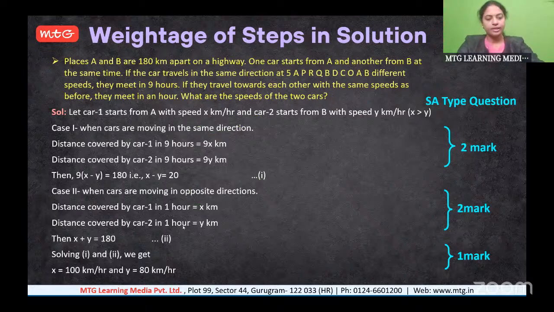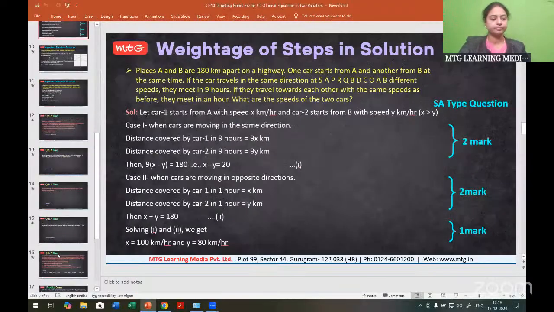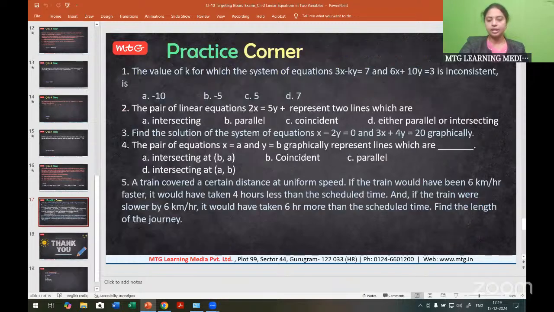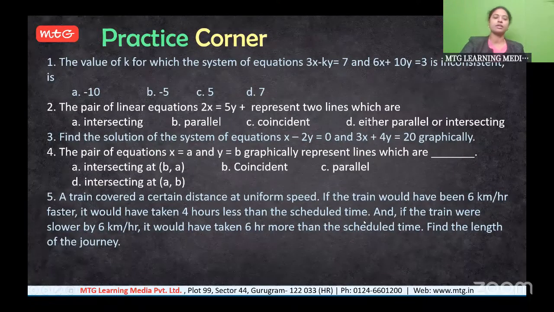So let's see your practice questions for today. These are your questions for today's practice. Take your screenshot. As already suggested, these 5 to 6 questions are existing patterns which we have chosen from the board exam, similar or same cases.